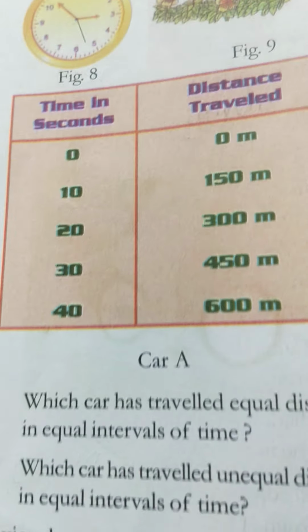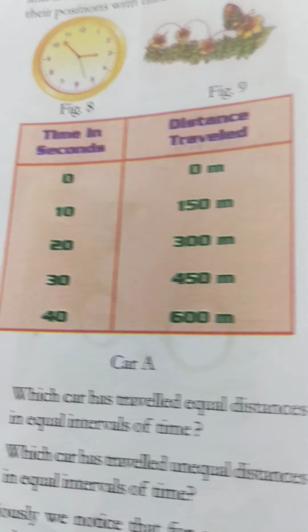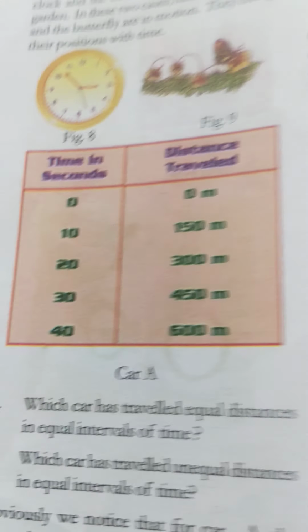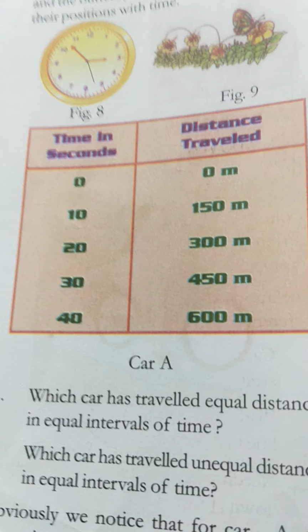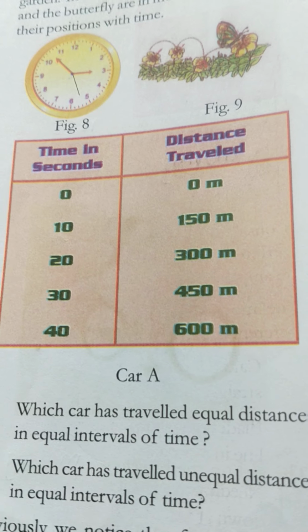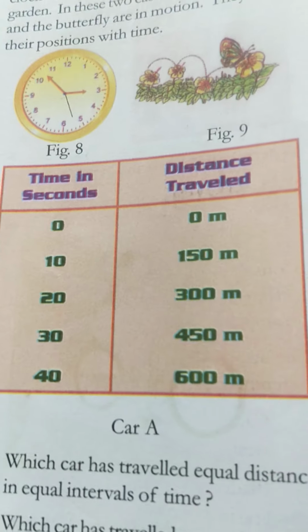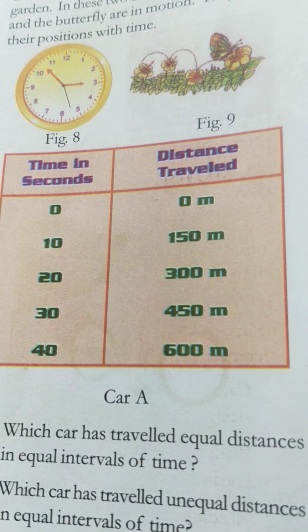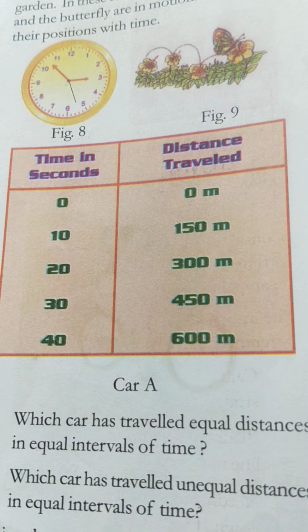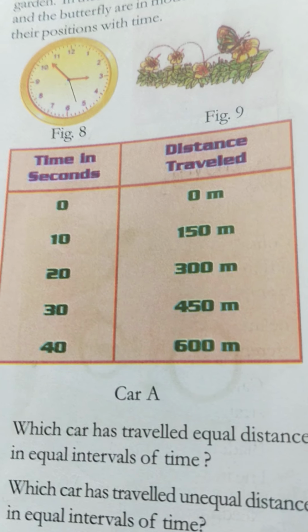For that, another example also. Here we can see two tables. Here are two cars, car A and car B. How are they traveling? Car A is traveling equal distances in equal intervals of time. For example, at 0 seconds it traveled 0 meters, at 10 seconds 150 meters, and at 20 seconds 300.